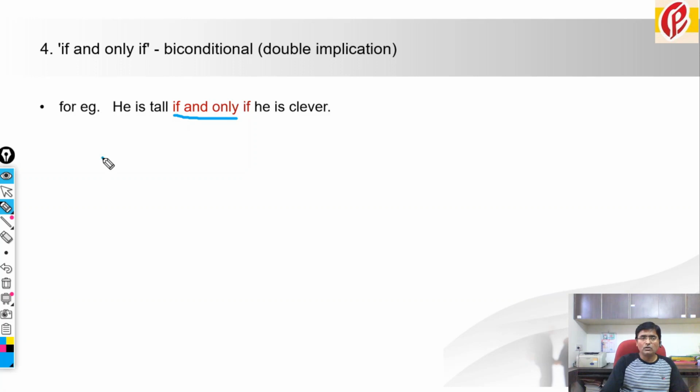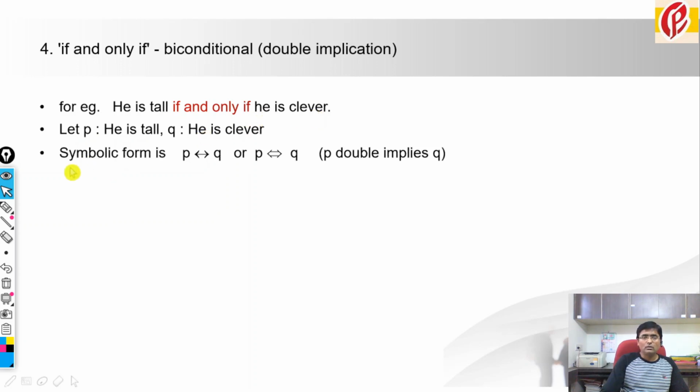Here, how to write it in symbolic form? Suppose P is he is tall and Q is he is clever. Then the symbolic form is P double implies Q, or this way, P double implies Q. So this is the symbol of double implication or biconditional, if and only if.